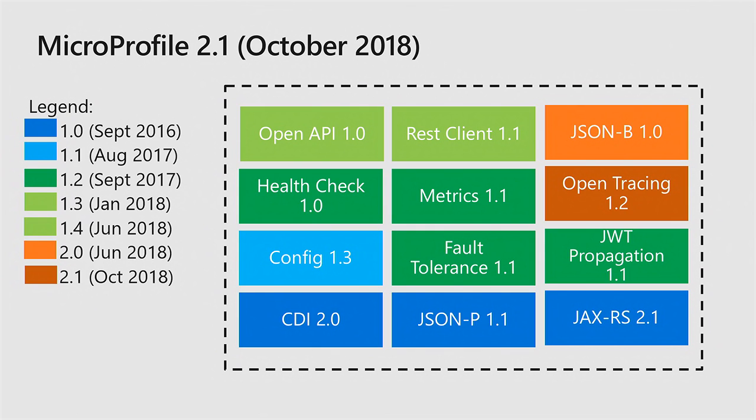Since then, they've evolved and added some new packages. The most recent one is October 2018. They added a newer version of open tracing. That's why I'm going to show open tracing today as well, because it's the latest, coolest thing.